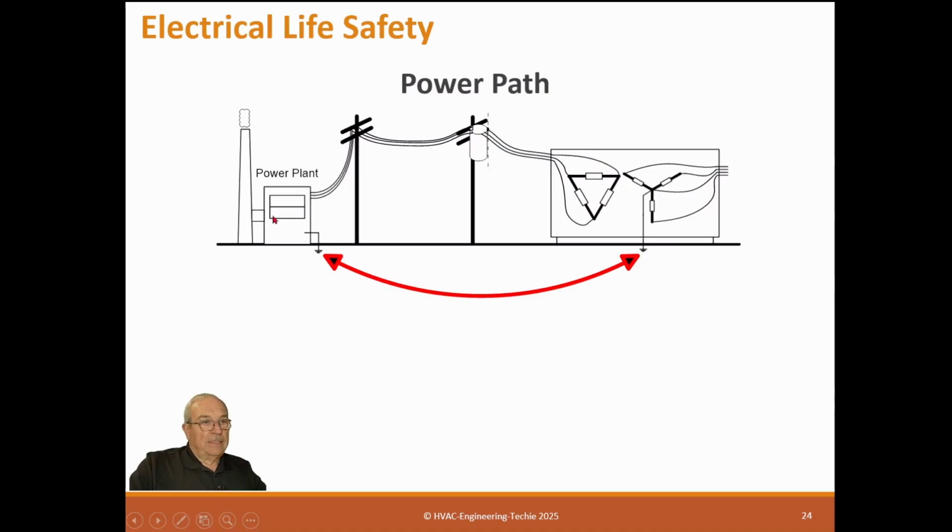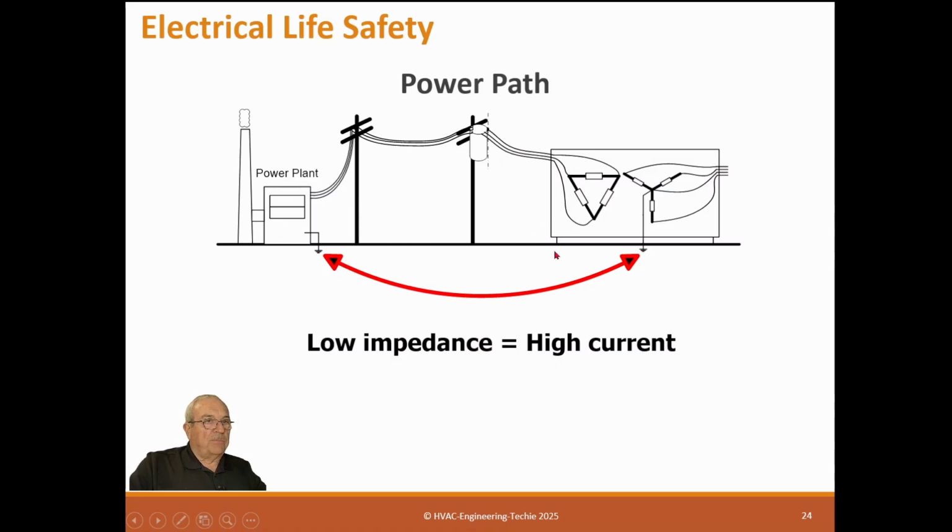Power path. All right, so now remember that the power plant is making power in three phase, and it's shifting in and out, and every other cycle it's negative, right? That's the way electricity works. But the grounds are using the earth for the ground source, which is somewhat of a problem. It means that basically the earth circuit is far lower impedance than this circuit here.